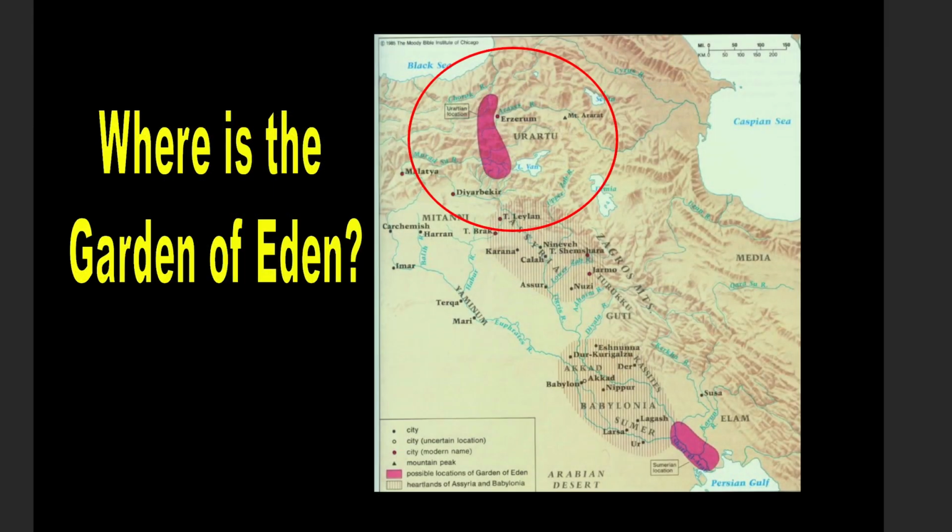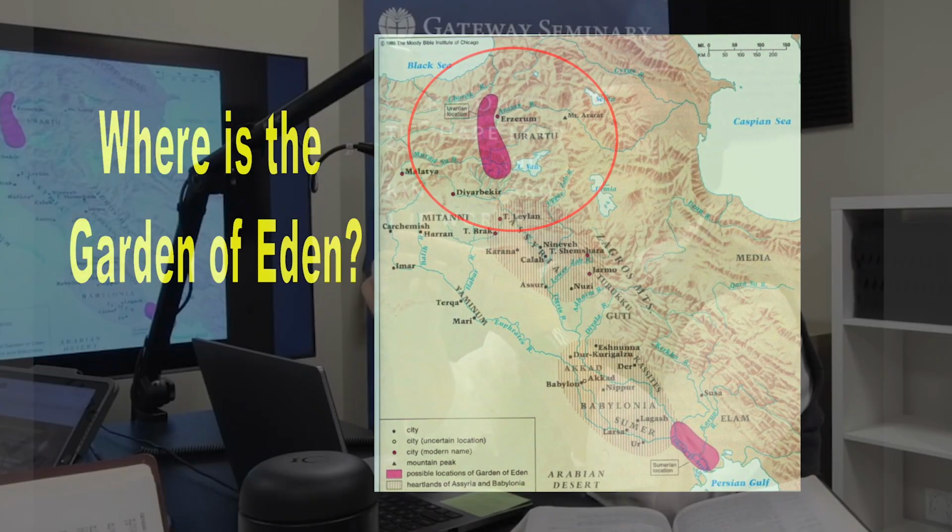Up in the north, the source of the Tigris and Euphrates is only like 400 feet from each other. It might be a little more than that, but something like that. Then they flow down opposite sides of the mountain, and they create these two rivers.